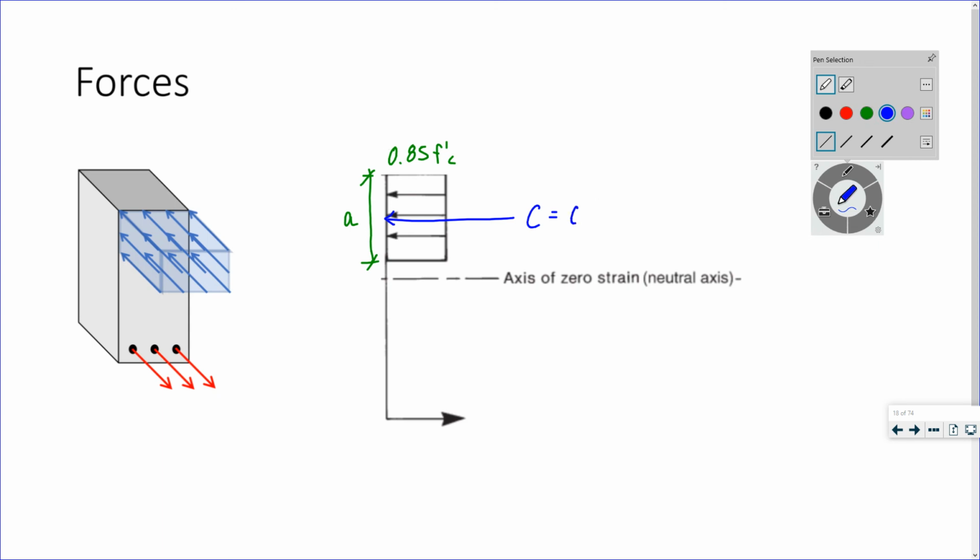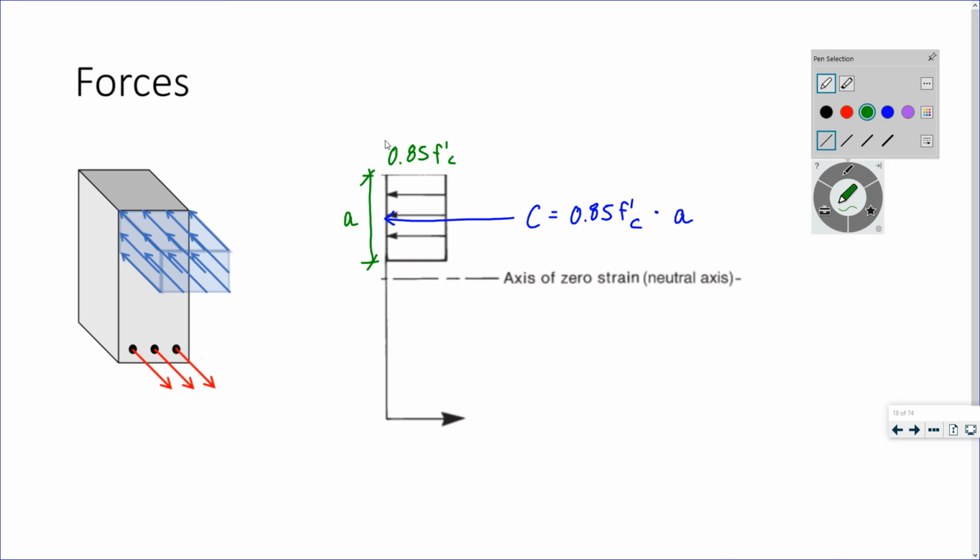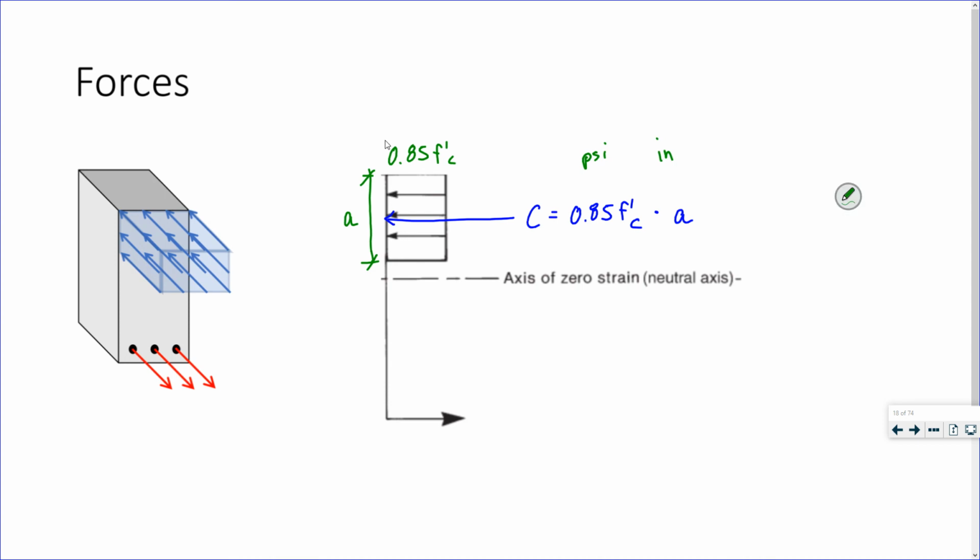This is 0.85 f'c, the magnitude of that stress, times the height over which it occurs. If this is in psi and this is in inches, I need one more inch to get it into just pounds.